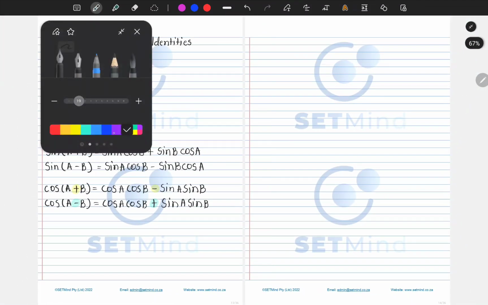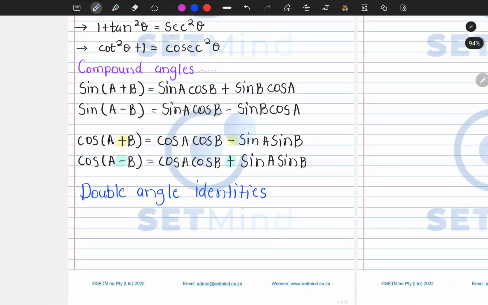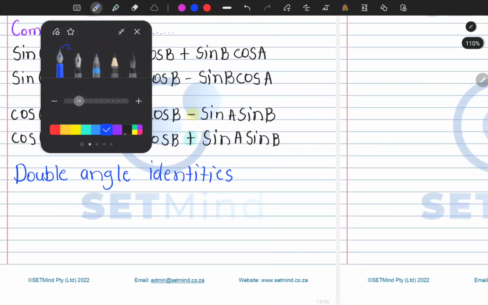Now another aspect which we need to look at as part of our identities is what you call the double angle formula. Let's call them double angle identities. So how do we deal with these?